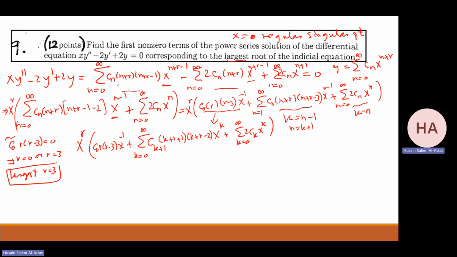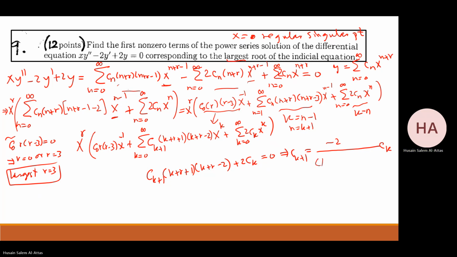So I can combine them. Let me do it at the same time. So I have c_(k+1) times (k plus r plus 1) times (k plus r minus 2) plus 2 c_k is equal to 0. So c_(k+1) will be what? Minus 2 times c_k over (k plus r plus 1)(k plus r minus 2).